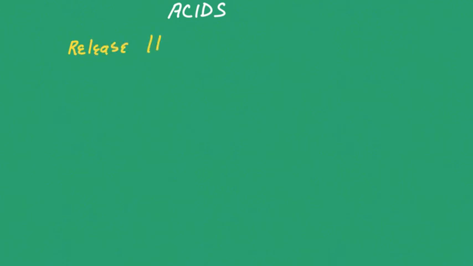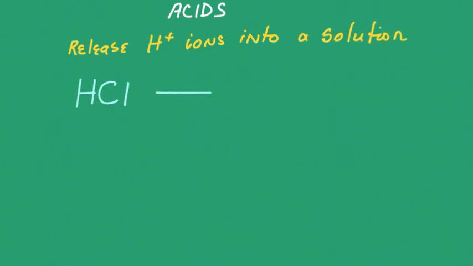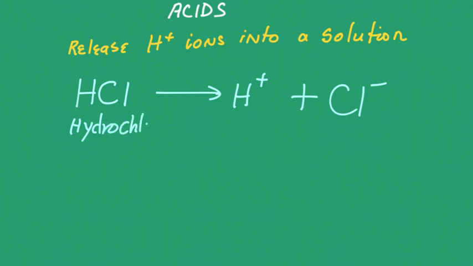An acid is a solution that releases free hydrogen ions into the solution. So a good example of that would be hydrochloric acid, because hydrochloric acid, when it ionizes, produces free hydrogen ions and chloride ions. The greater the number of hydrogen ions, the greater the acidity of the solution.